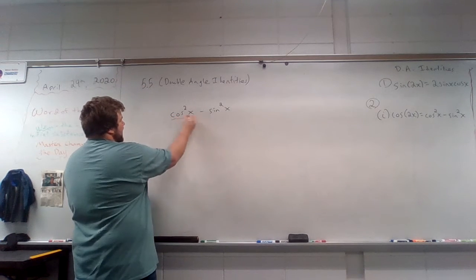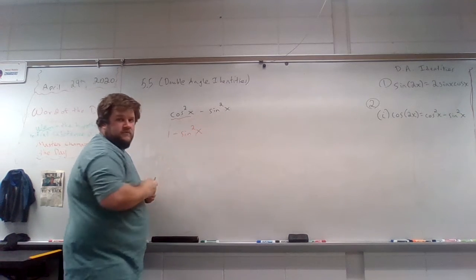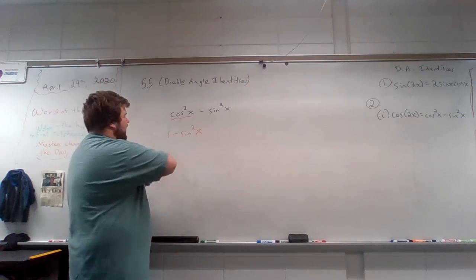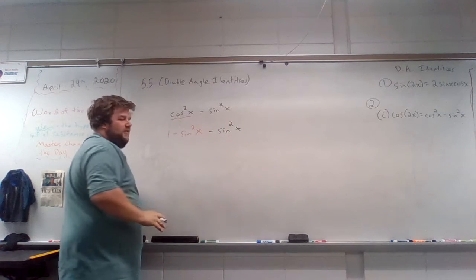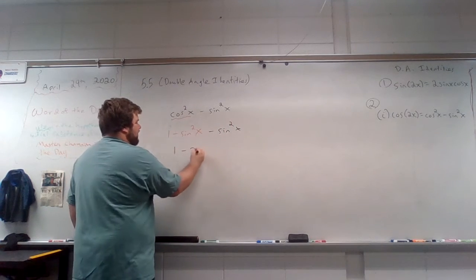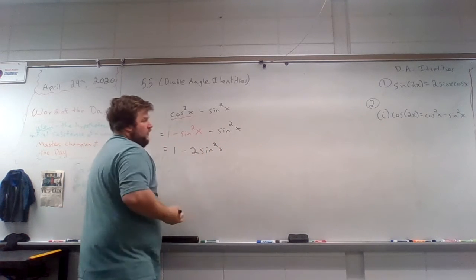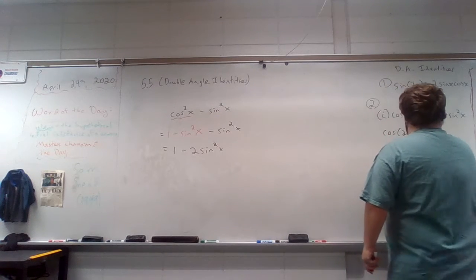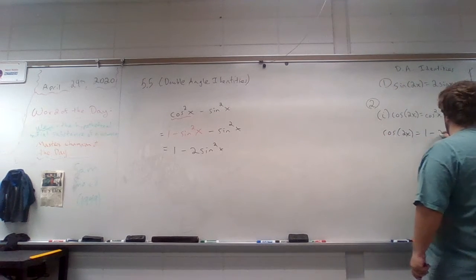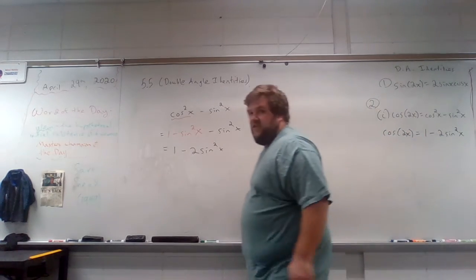So I replace it with 1 minus sine squared, and then I have a minus sine squared. Altogether, that gives us 1 minus 2 sine squared. So this cosine of 2x is also equivalent to 1 minus 2 sine squared, just by substituting in that Pythagorean identity.